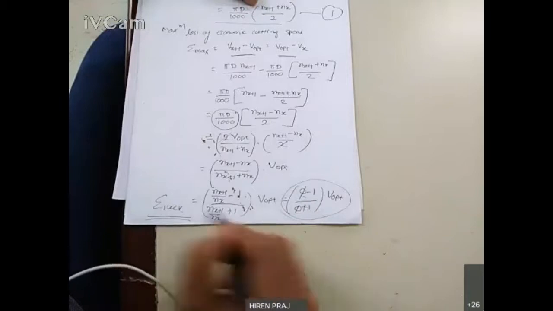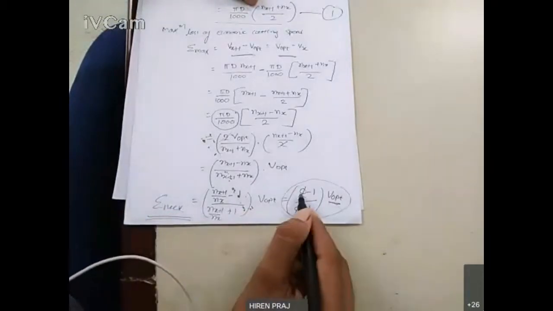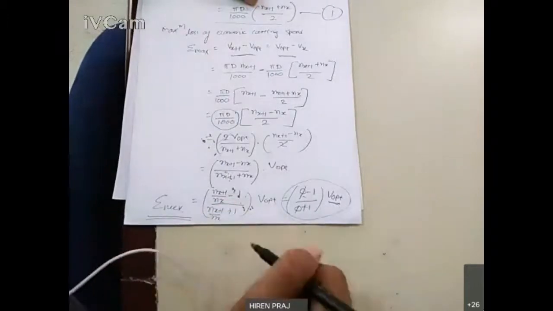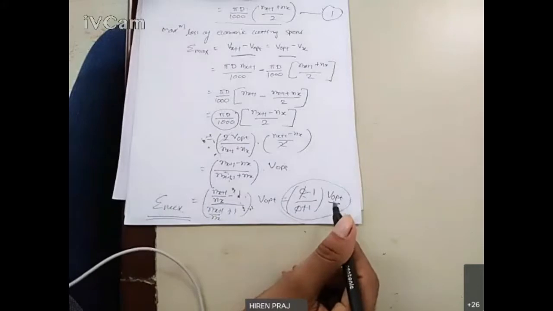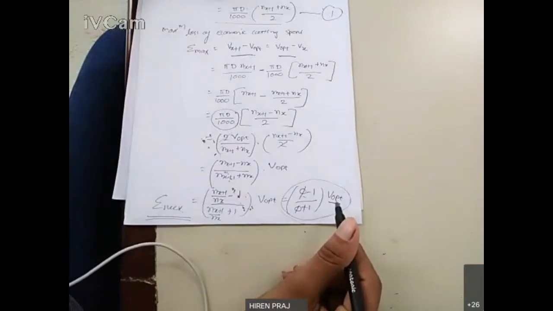Now if you look, this sigma max is constant for phi, because it is now a property of V optimum and phi. But V optimum is what? It's again depending on your workpiece and cutting tool material combination, feed and depth of cut. So that is already predefined.